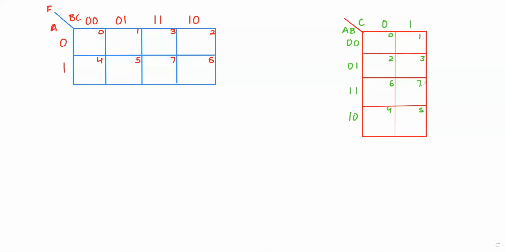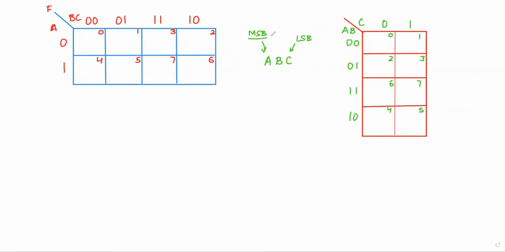But when you solve it, you will get the same answer. It's not the case that writing it in this particular fashion will give you a different answer. No, that's not possible. You will always get the same answer. The thing you might get confused about is that if you have A, B, C, you should know that A is the MSB and C is the LSB.